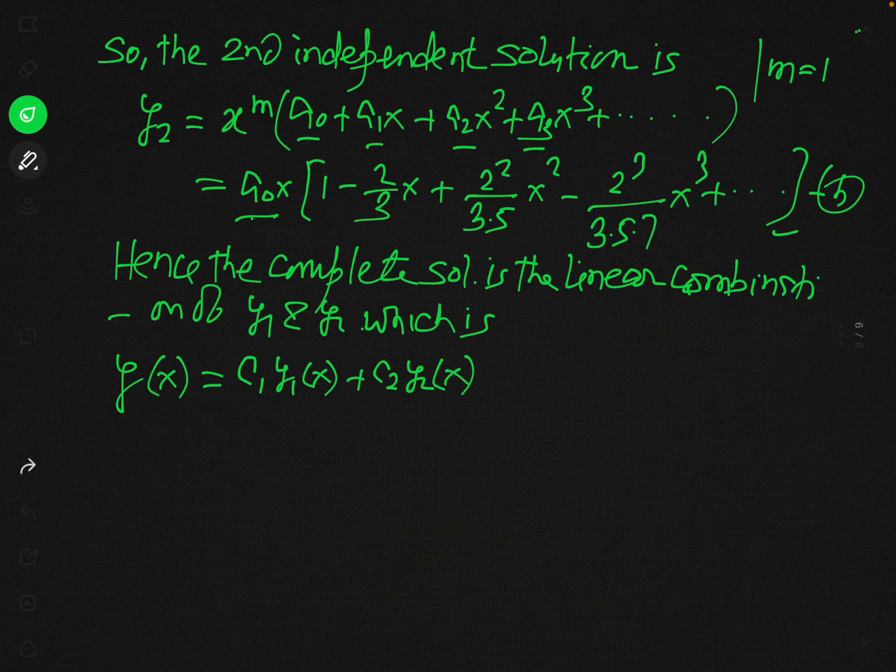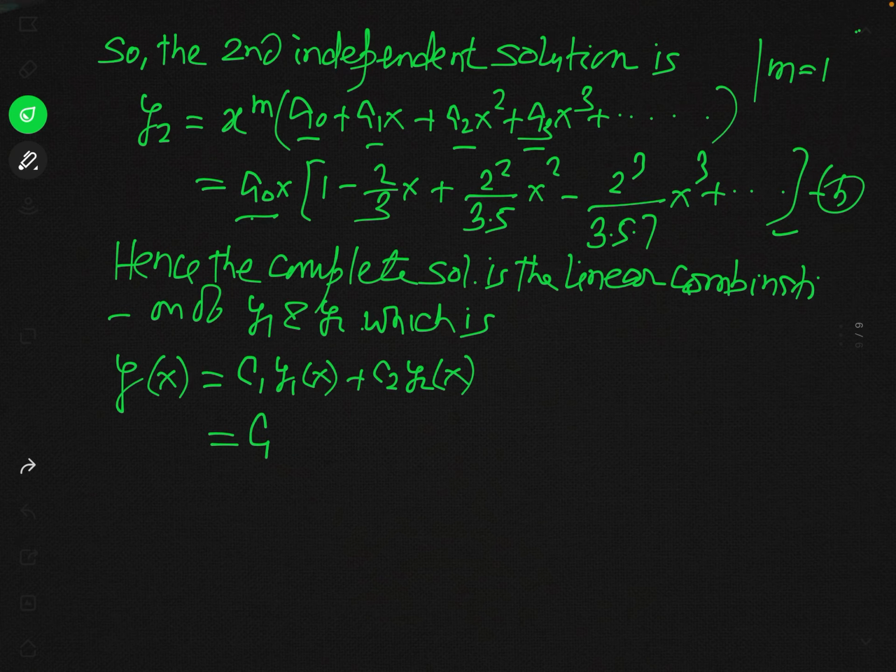Here c1 and c2 are the arbitrary constants. We know the value of y1 and the value of y2, so after multiplying by c1 and c2 and adding them, we get the complete solution.